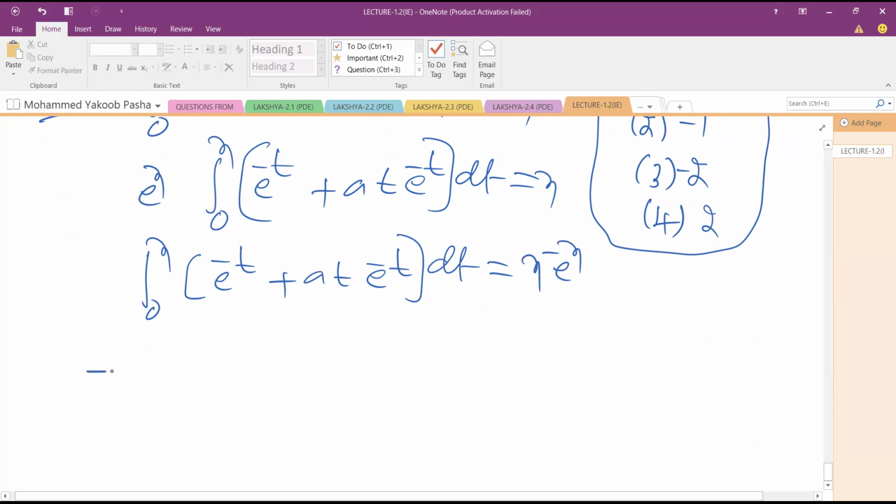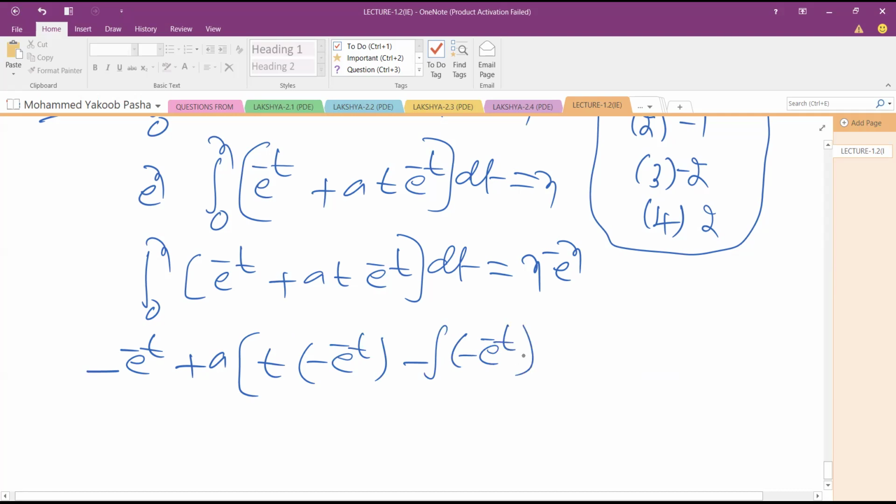So the left side integration: e power minus t integrates to minus e power minus t, plus a constant, using the uv formula. u is equal to t, v is the integration of e power minus t, minus integral of v, that is minus e power minus t, and du is the differentiation of t, which means dt, and the limits are t is equal to 0 to x, that is equal to x into e power minus x.